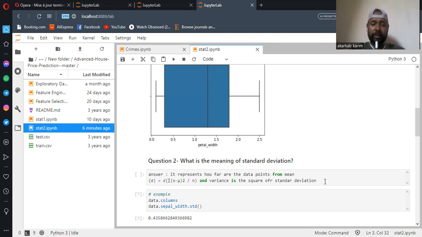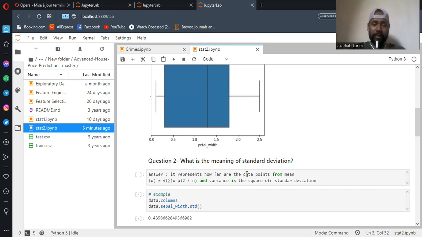This concept of standard deviation or variance gives us some values to see how far the data is from each other, and what the maximum point is. Standard deviation is very important because it gives us the variation of the data.